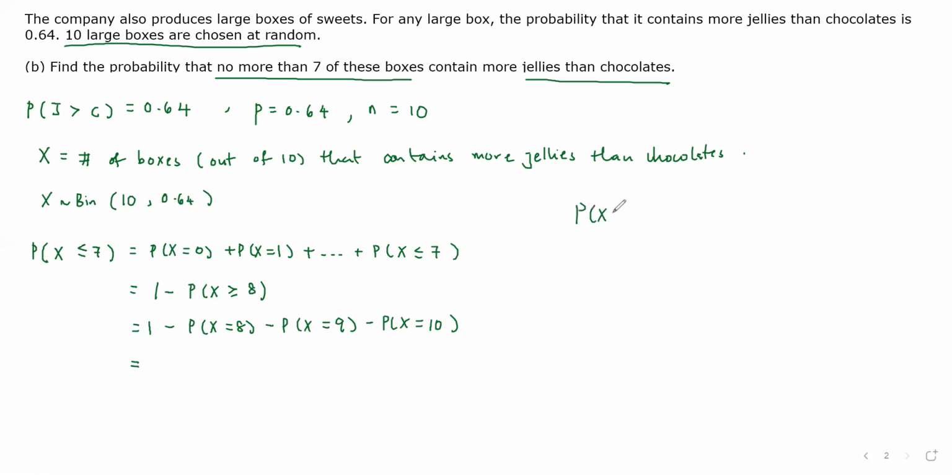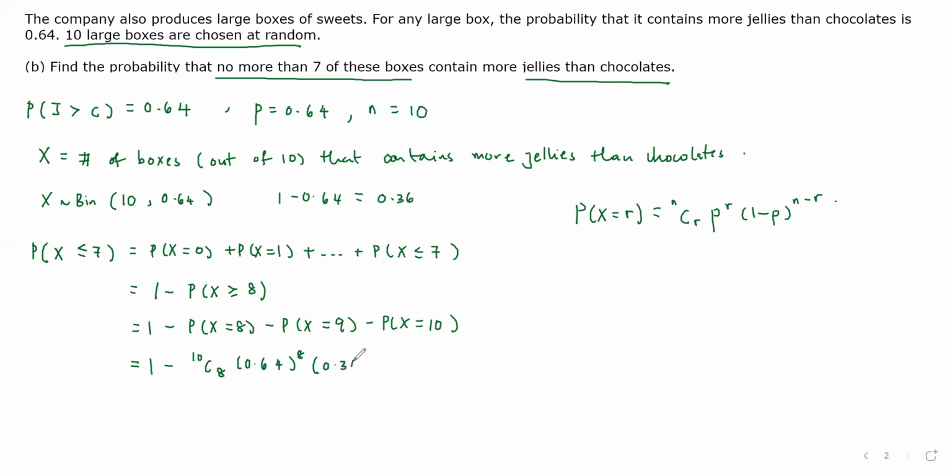For a binomial distribution, probability X equals r is given by nCr p to the r, 1 minus p to the n minus r. That gives you the probability that X takes a value of r. So for this case, X equals 8, you have 10C8 and 0.64 to the 8. 1 minus 0.64, that is the probability of failure. We have 0.36.